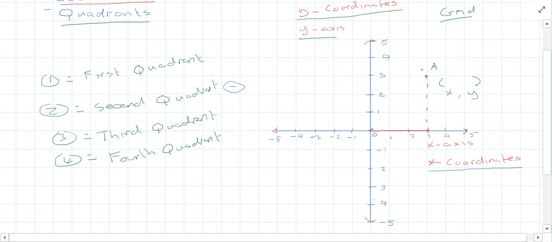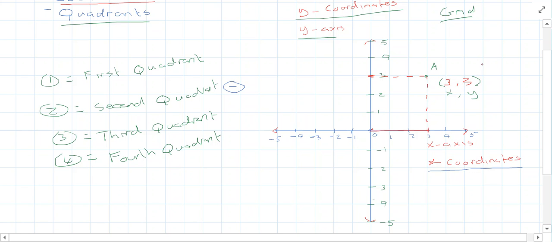So the point is here. Then we draw a line across until we cut the y-axis, and we see that it cuts it at 3. So this point A has an x coordinate of 3, and its y coordinate is also 3.